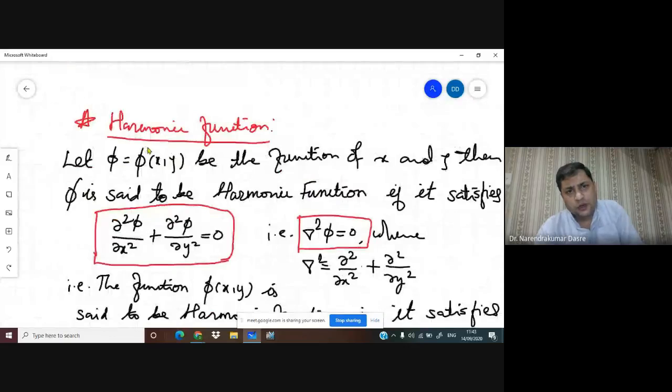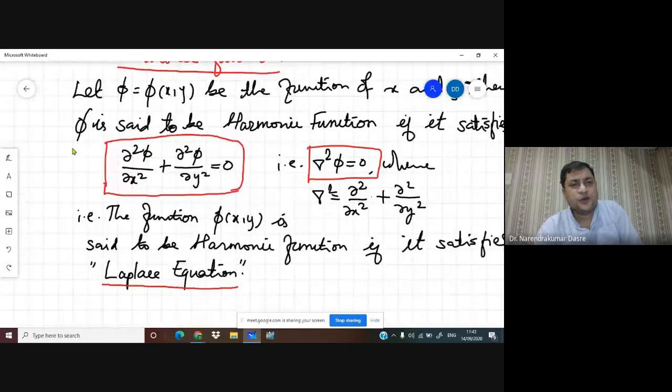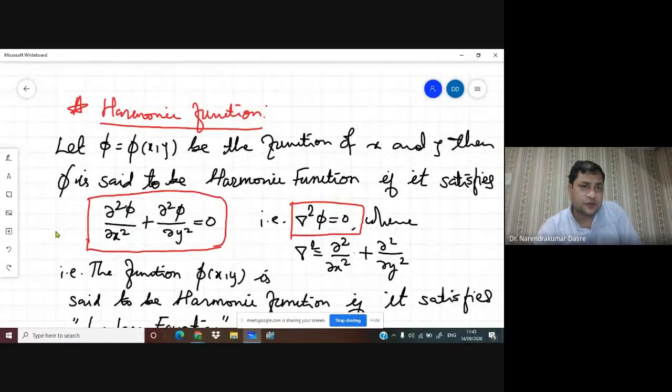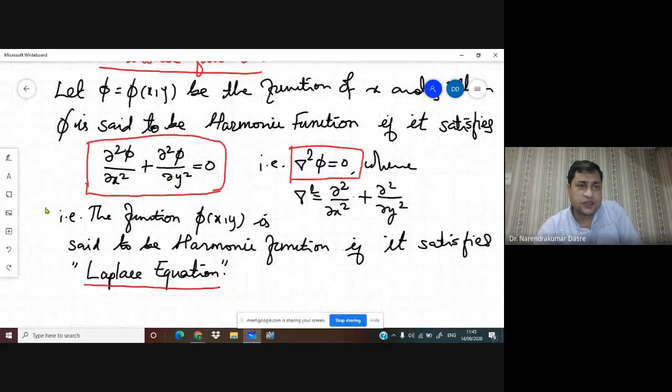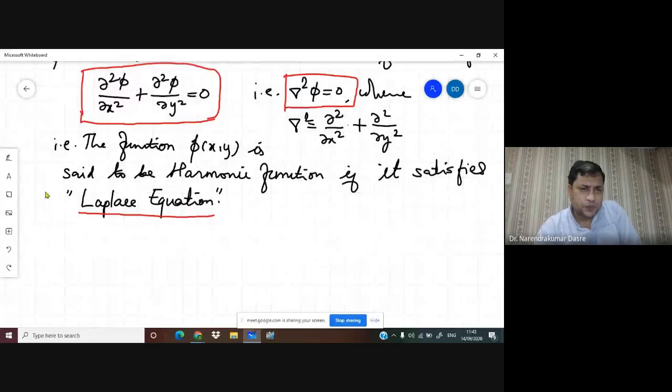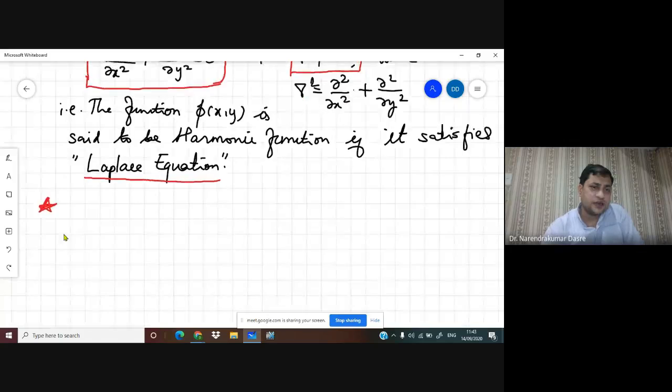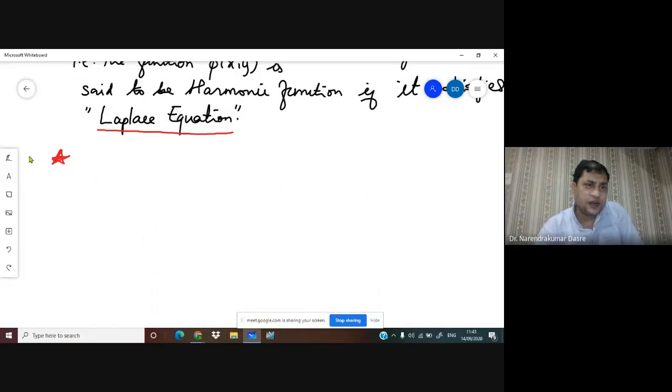Okay, now how is this harmonic function related to the analytic function? Because we are exploring the analytic function, but now how does this term harmonic function pop up, and how is it related to the analytic function? So what we know is that if the function f of z is analytic, then we know about u and v, and now we have to add one more property to that.